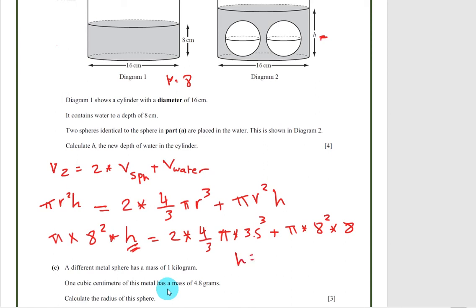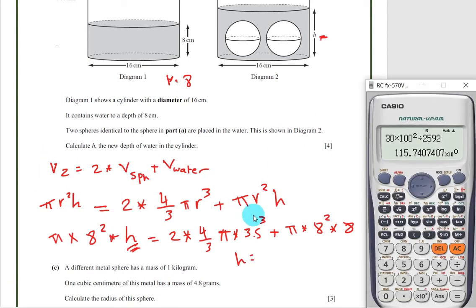H is equal to, open bracket, 2 by 4/3 by pi by 3.5 cubed plus pi by 8 squared by 8, close bracket, divided by pi by 8 squared.